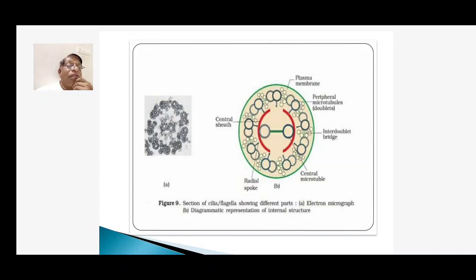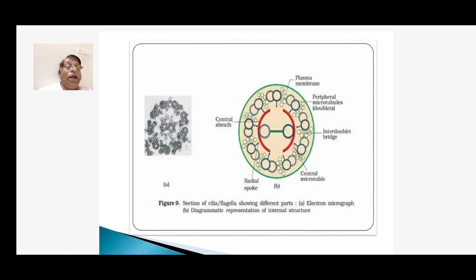You can see there are two each. Count how many such there are. There are 9. 9 doublets of peripheral microtubules are there. It is clearly visible. That is the blue one. In addition to that, at the center, there are only 2 central microtubules.